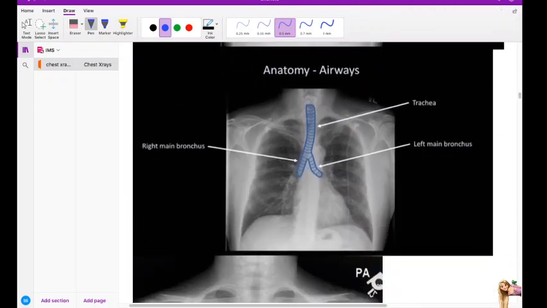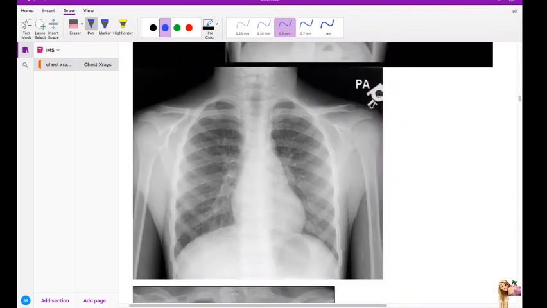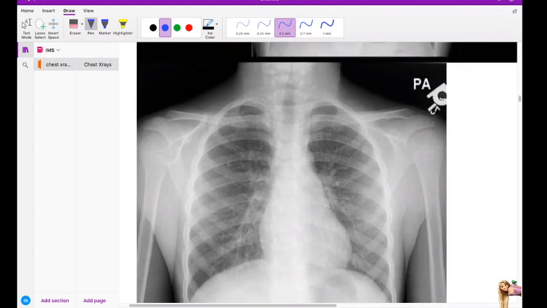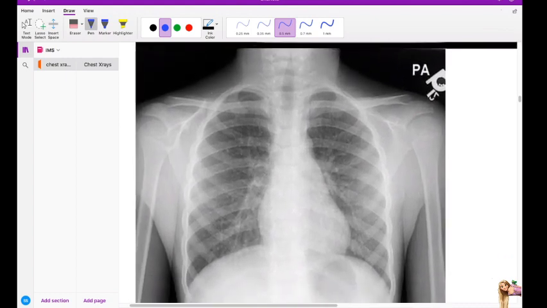So there's this X-ray. What do you guys see in this X-ray? PA view. What else?